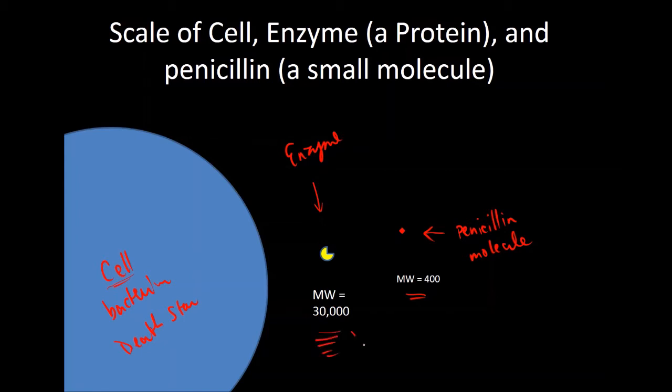And so that in our model is the Stormtrooper. So the cell makes Stormtroopers. The Stormtroopers protect the cell against the penicillin. I'm hoping you can see this enzyme is made to eat up that particular penicillin. Enzymes are often represented by the Pac-Man icon.